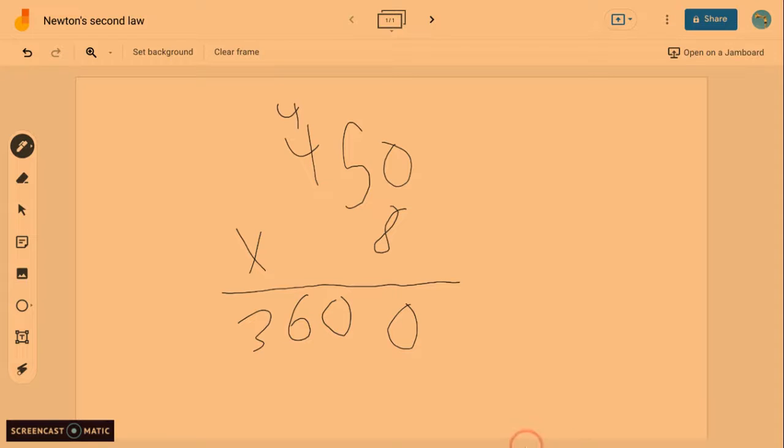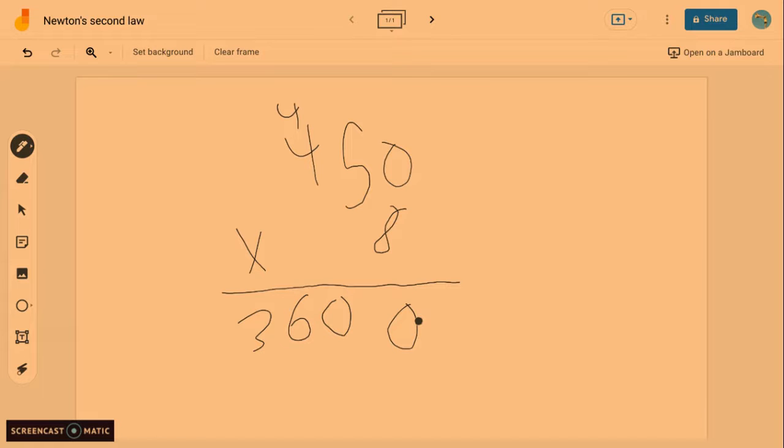So let's see. 8 times 0 is 0, and then 8 times 5. 5, 10, 15, 20, 25, 30, 35, 40, which would be 8 times 5, which is 40. And then we would carry the 4. 8 times 4, 8, 16, 24, 32, add 4 to that, which kind of goes the same, 32 plus 4 would be 36.